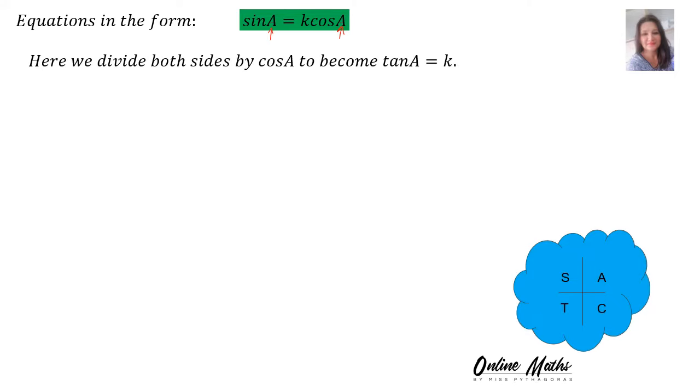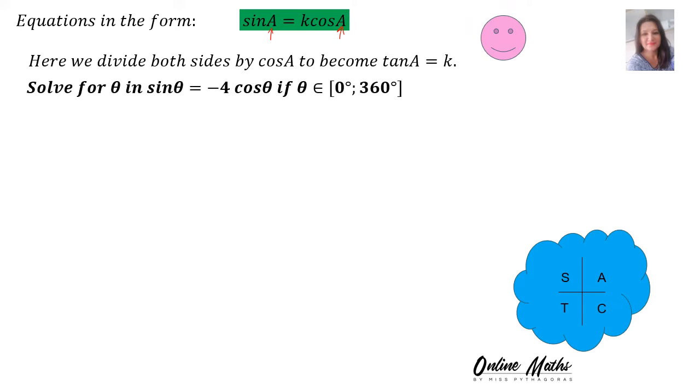So what you're going to do here is divide both sides by cos A to become tan A equals K. So the question: solve for theta in sin theta is equal to minus 4 cos theta if theta is an element of 0 up to 360. Very important, can you see the pattern? It's sin theta equals a number in the place of K, times cos theta. So the angle is exactly the same.